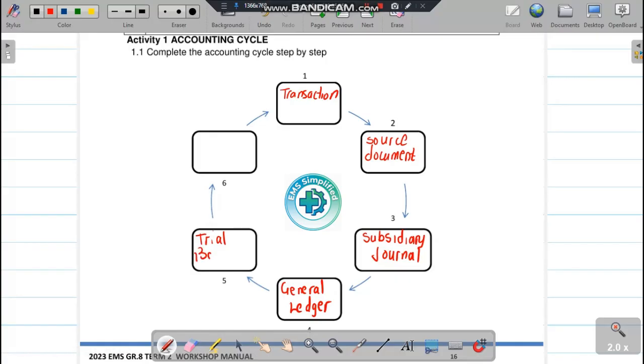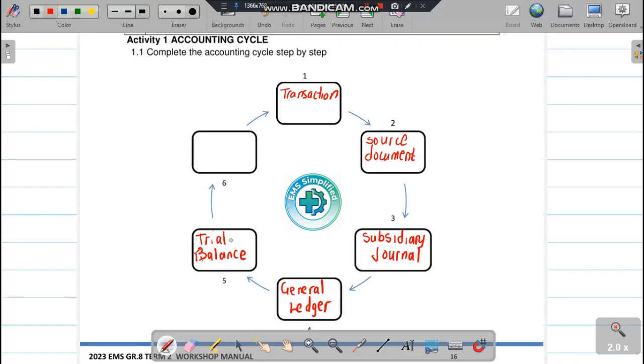Trial balance. As the name suggests, this statement has debit and credit columns which must be equal. A trial balance is a list of debit and credit balances and totals which are taken from the general ledger accounts. The debit and credit must be equal.